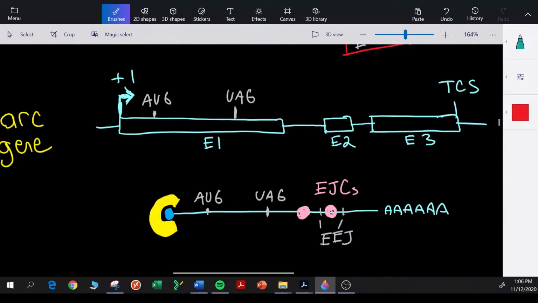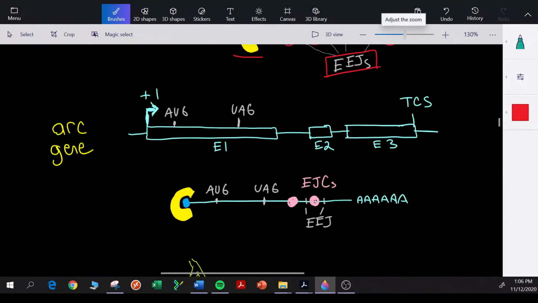However, there are some genes in humans and other eukaryotes which have a non-standard gene structure, which is different than normal. So the ARC gene, ARC, is an example. The ARC gene has 3 exons.